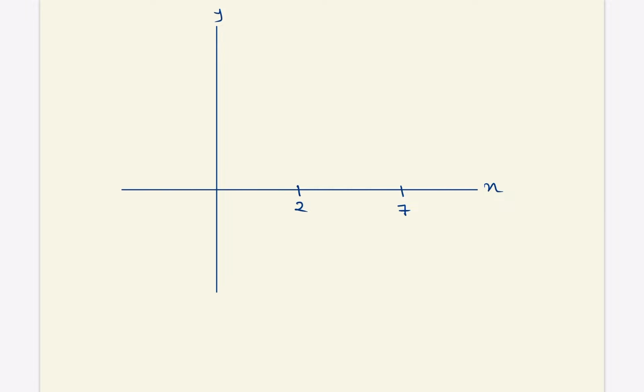For a cubic equation this should be the case, but we know for a fact that it crosses 7, right? So the graph would look a little bit like this.